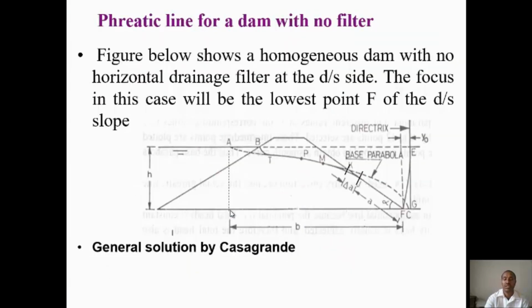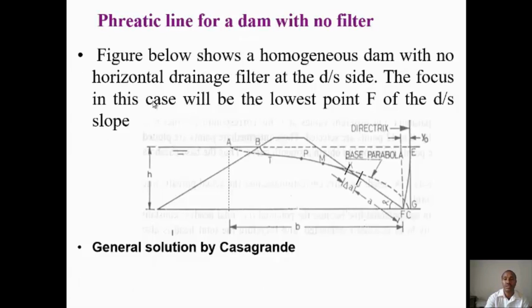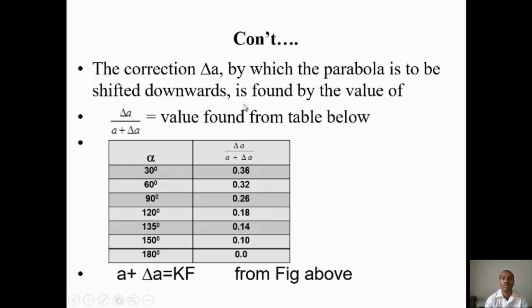Okay, let us see the general solution by Casagrande. The correction delta a, by which the parabola is to be shifted downward, is shifted in this direction. Correction is found by the value delta a over a plus delta a, a value found from the table.